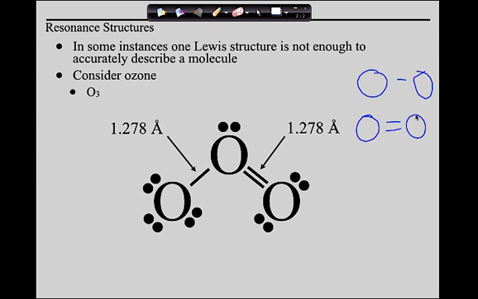It turns out that it is shorter than a single bond, yet longer than a double bond. So the question then becomes, what on earth is going on? First of all, how can these bonds be the same length? But second of all, how is it that it sits right between the length of a single and the length of a double bond? What's going on?